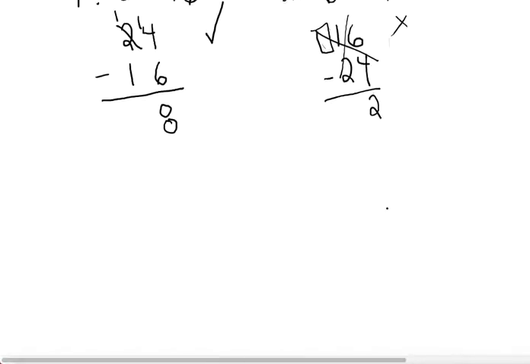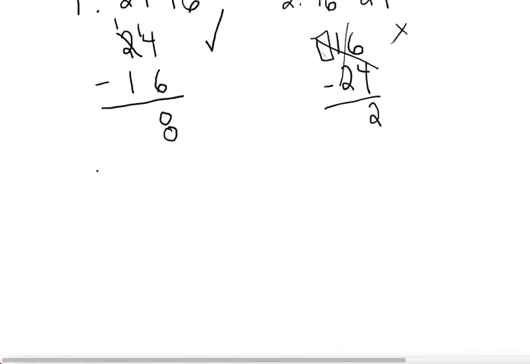Let's look at the third question. So the third question was 748 take away 54, so I have to make sure I'm writing it down. 5 is in the tens, and 4 is in the ones.